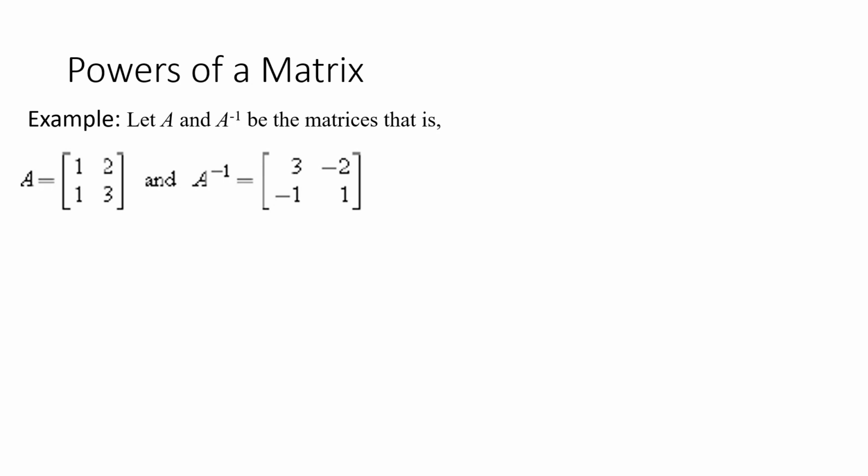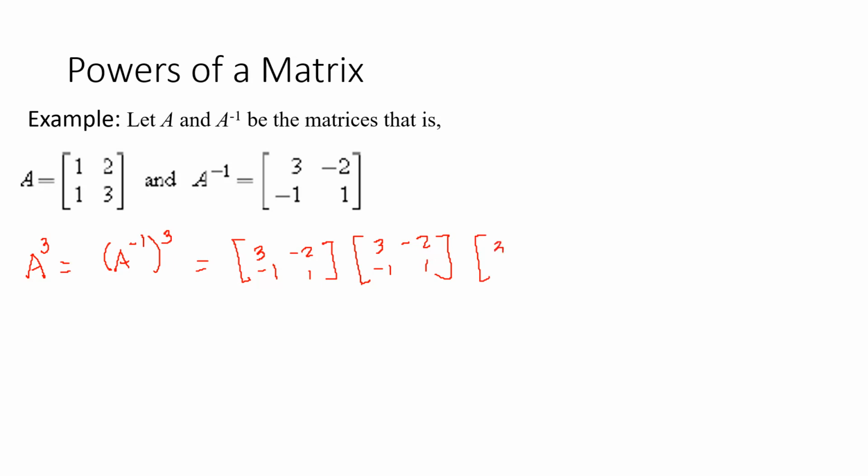Then if you have A raised to negative 3, that would be equal to the inverse of A raised to 3, which is equal to 3, negative 1, negative 2, 1, times 3, negative 1, negative 2, 1, then 3, negative 1, negative 2, 1.